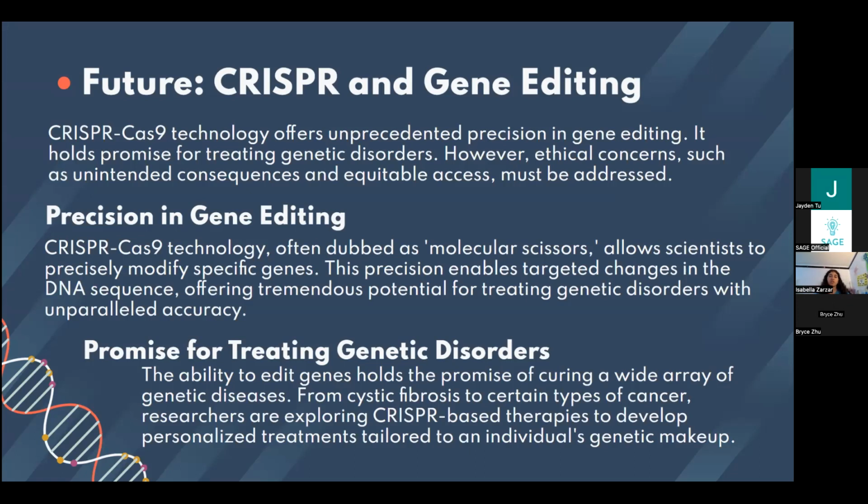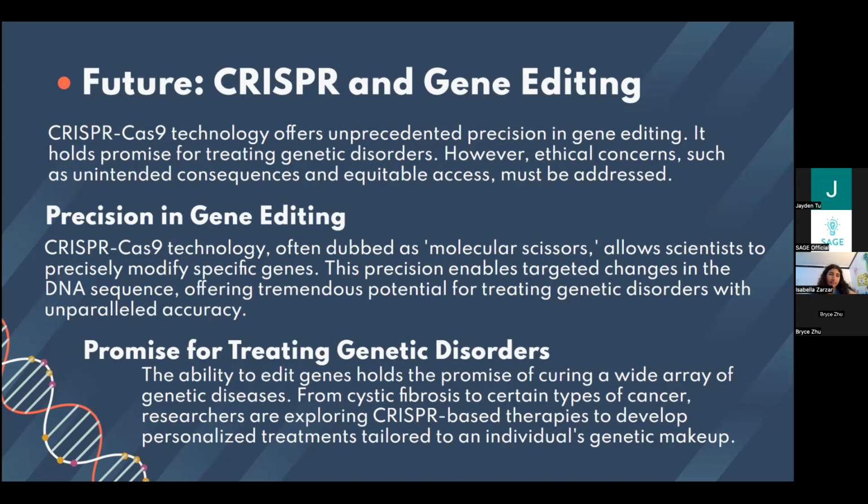It's basically technology that offers a level of precision in gene editing that's never been reached before. So it's really exciting because it holds a lot of promise for treating genetic disorders. But also, like we talked about with ethics, there are a lot of ethical concerns about consequences that we might not be able to see right now, and equitable access.